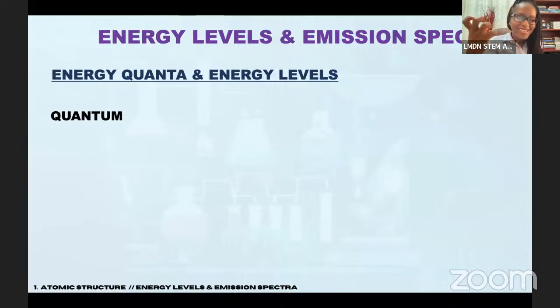It's really a foundational thing: a quantum of energy is a fixed amount of energy required for a change to occur in an electron, right? So we have these electrons in shells or orbits around the nucleus, and it takes a quantum of energy for any change to happen in that electron, right?